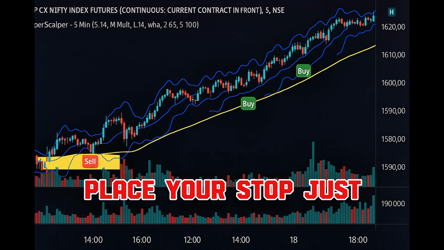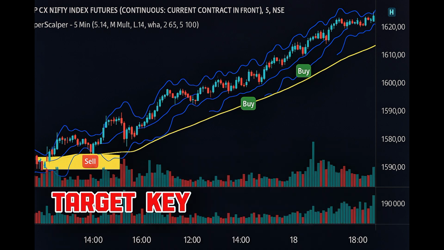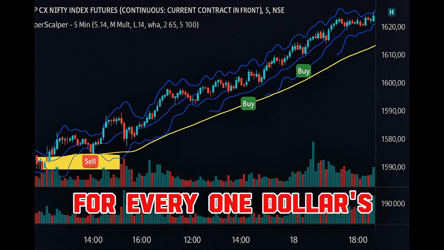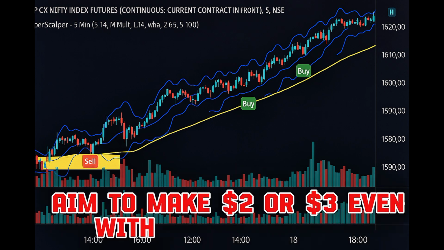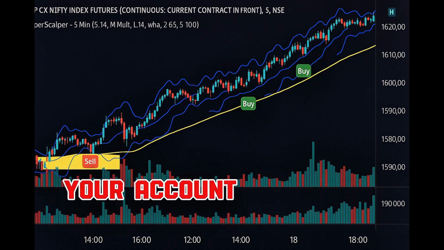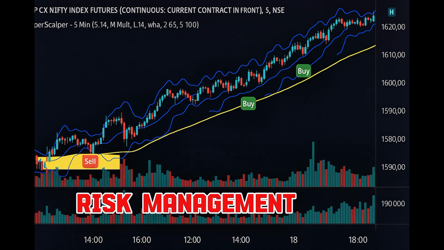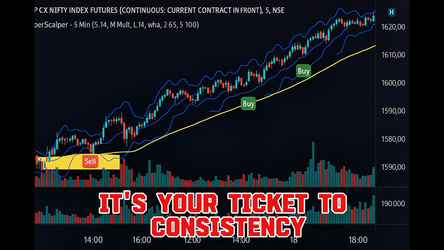Place your stop just below the most recent low or rejection candle. Target key resistance or a Fibonacci extension. For every $1 risked, aim to make $2 or $3. Even with a 50% win rate, your account will grow steadily with the right RR model. Risk management isn't just protection, it's your ticket to consistency.